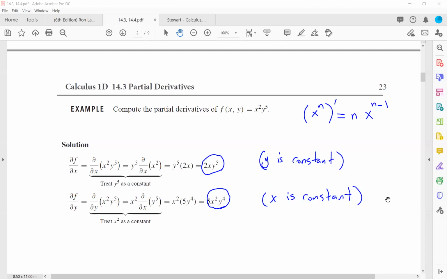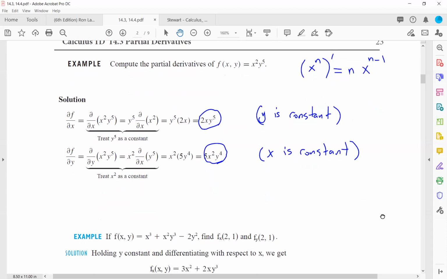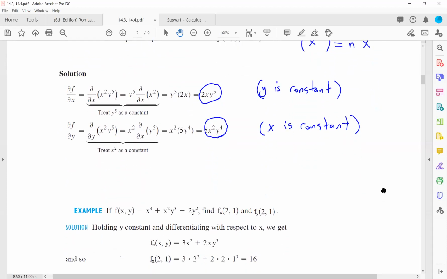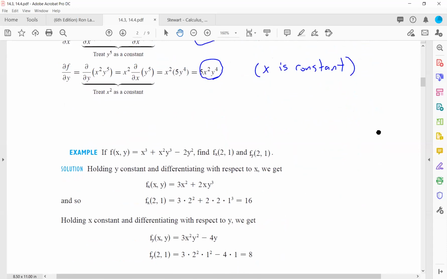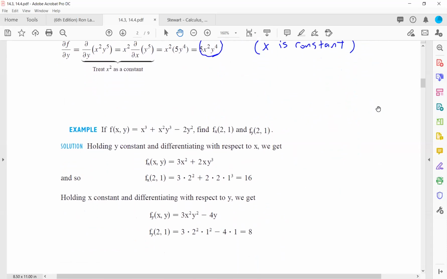Very well, let us move on to the next example. Now we're interested in actually finding the rate of change of the function at a given point. Suppose function f of x and y is equal to x cubed plus x squared y to the third minus 2y squared.